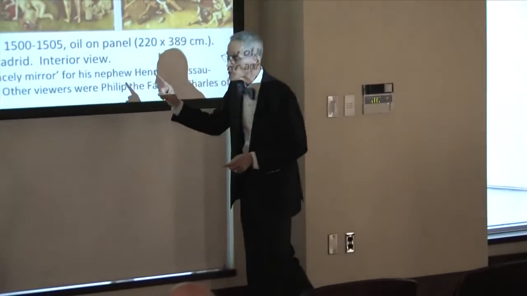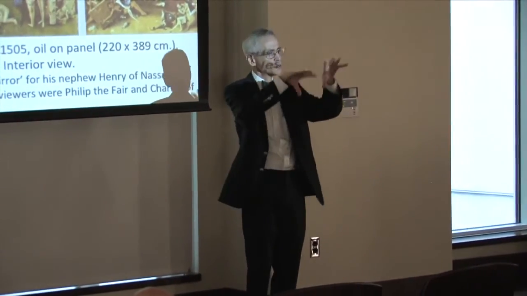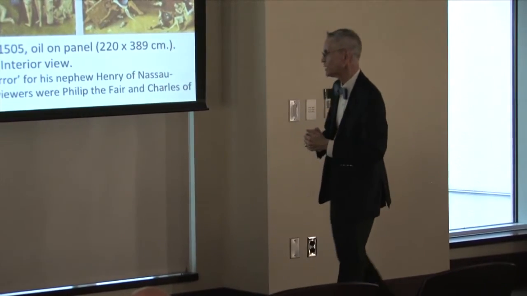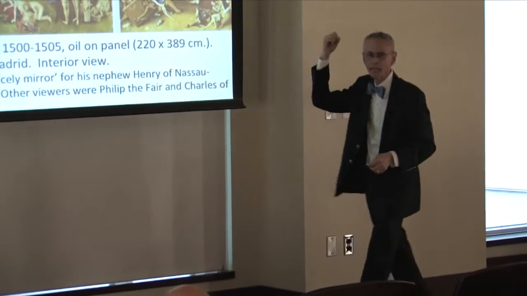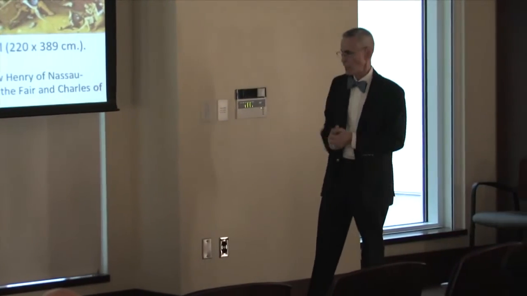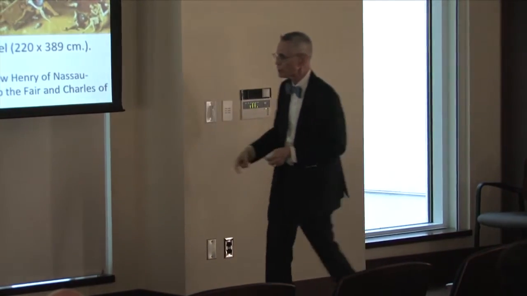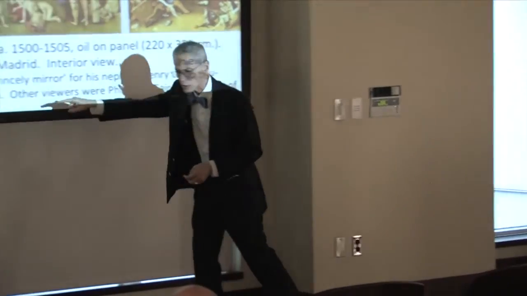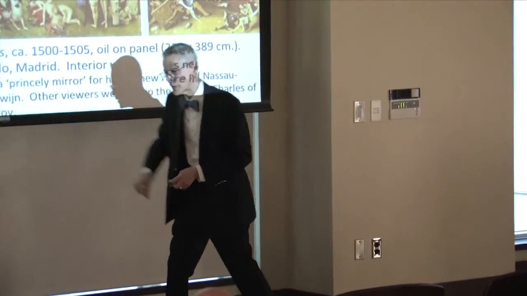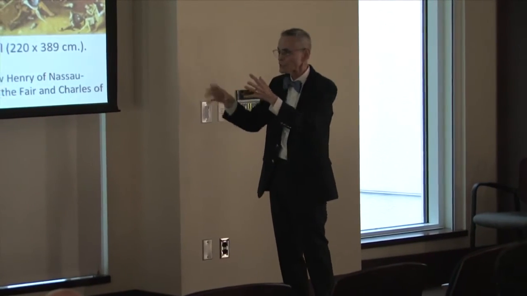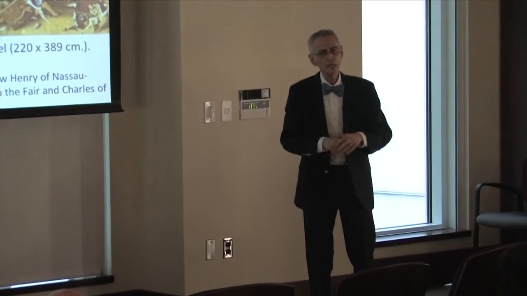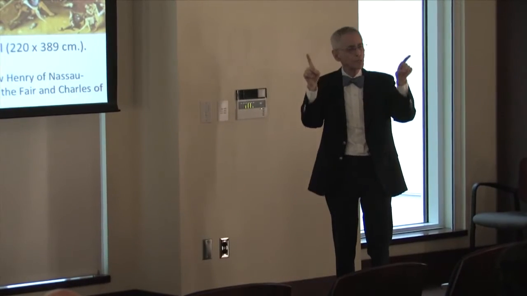Now, at the court of Burgundy, which is the court that controls the Low Countries, and Henry was one of the highest noblemen at the court, as were Philip the Fair, Charles de Croy, Joris van Harleveen. Works like this, princely mirrors, were studied in a corporate fashion.